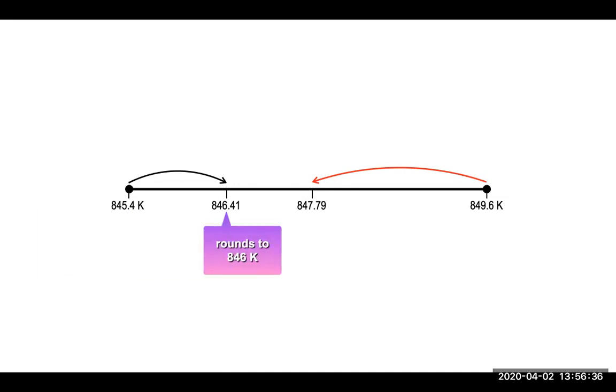This one rounds to 846. It would round down to 846. This one would round up to 848. So that means that our equilibrium temperature is going to be somewhere between those two. So the whole number that's between 846 and 848 is 847. And there you go.